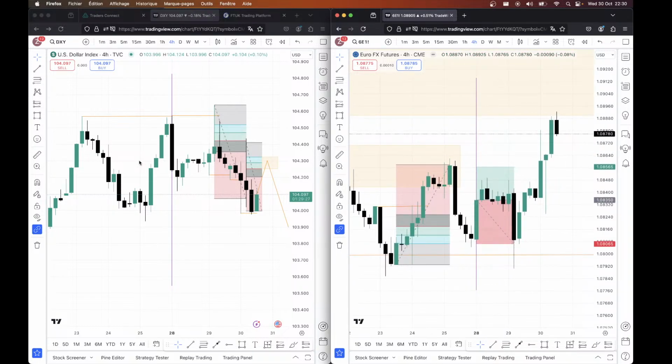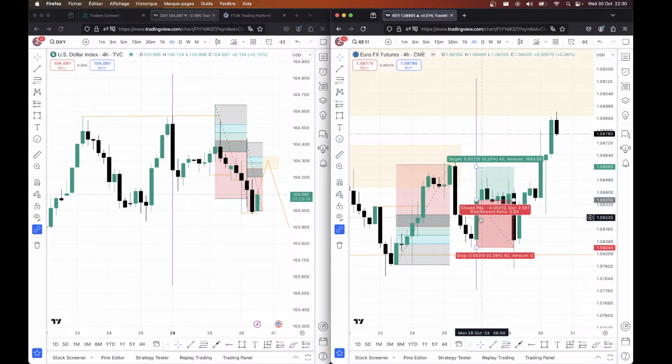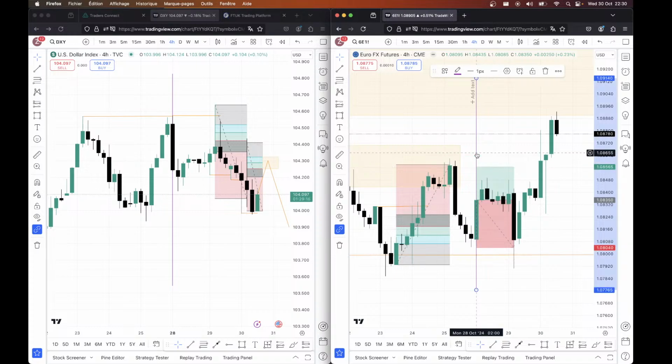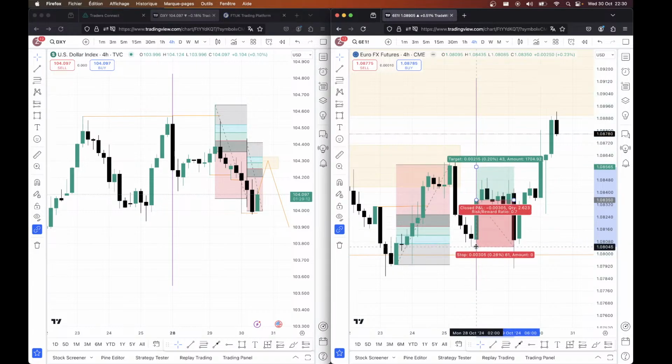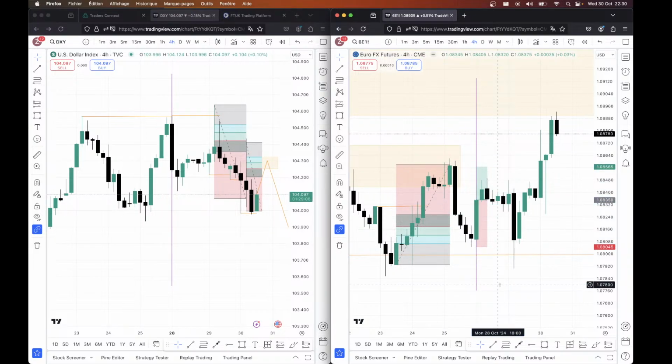So at this point, which stop loss do I choose? Do I choose the stop loss associated here to this? Let's see, where is the stop loss? They're really tight here. Do I set the stop loss here when I'm entering the trade, or am I setting the stop loss to this level?